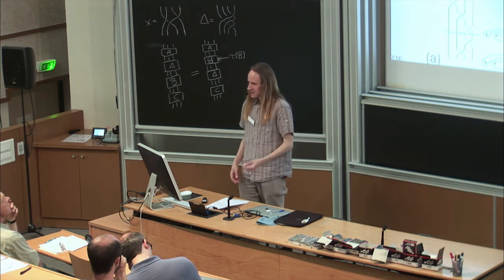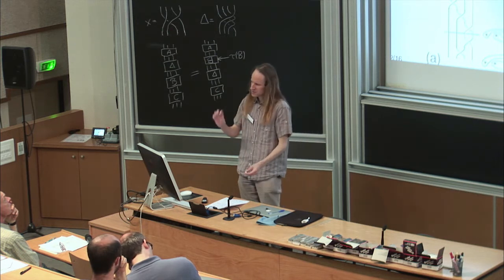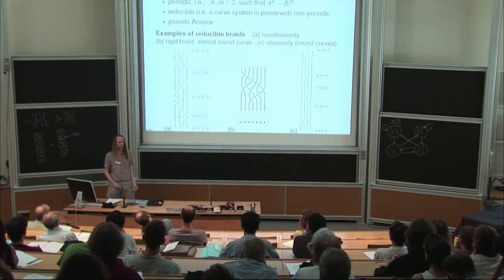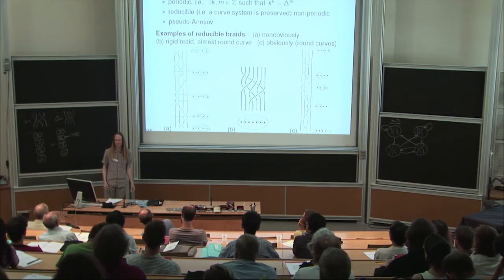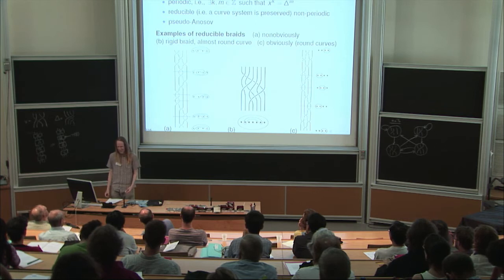Second possibility, it is reducible, that is, there's some curve system which is preserved. Since braids can be both periodic and reducible, let me exclude reducible periodic ones from the second case. And the third possibility is pseudo-Anosov. For the purposes of this talk, a pseudo-Anosov braid is by definition a braid which is neither periodic nor reducible. Of course, it has a much more interesting definition.